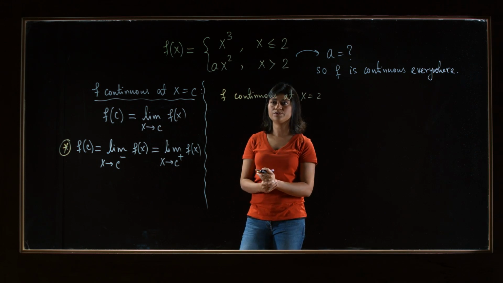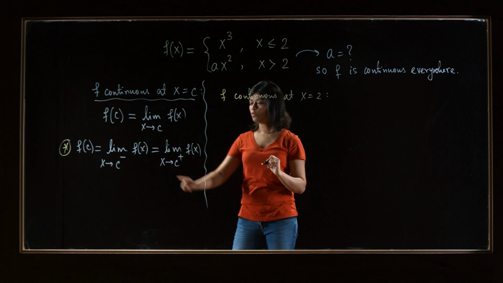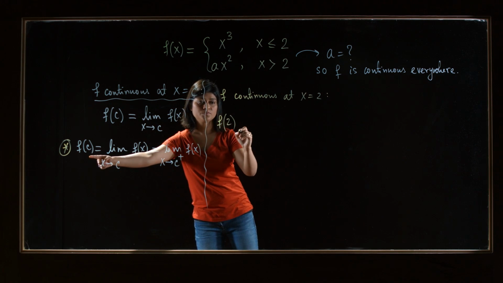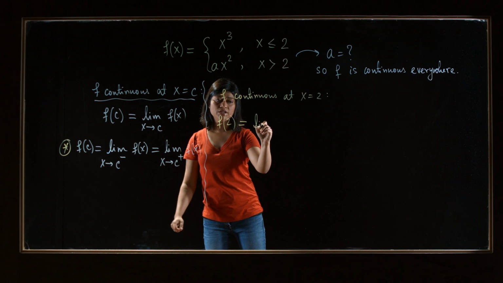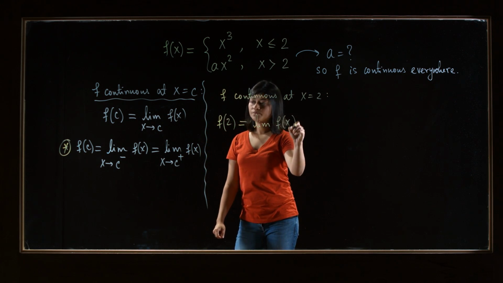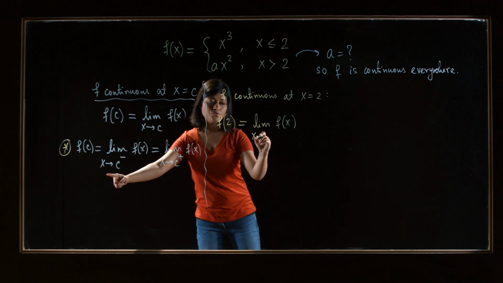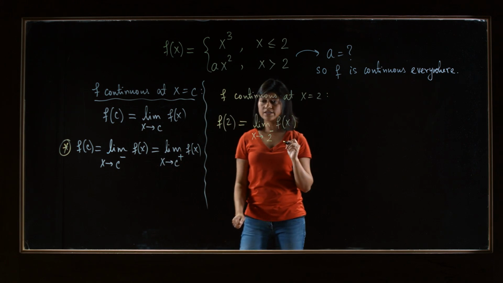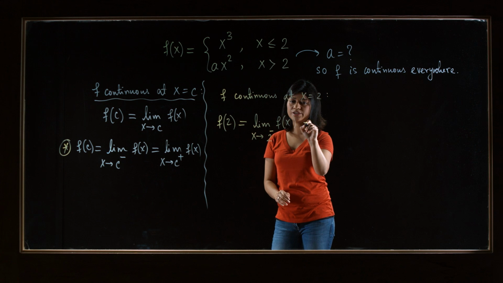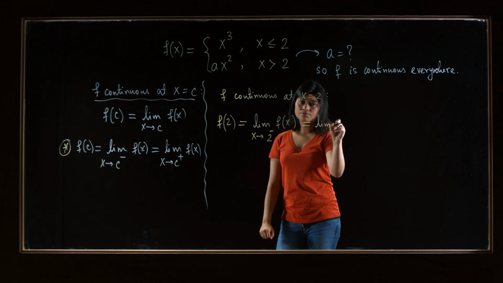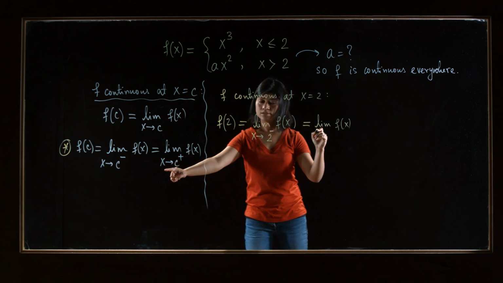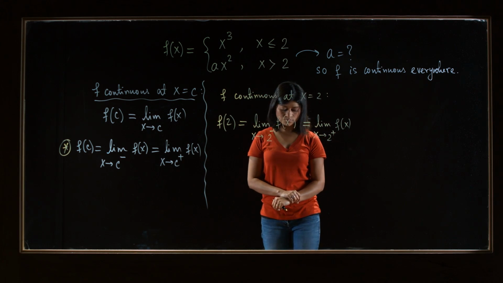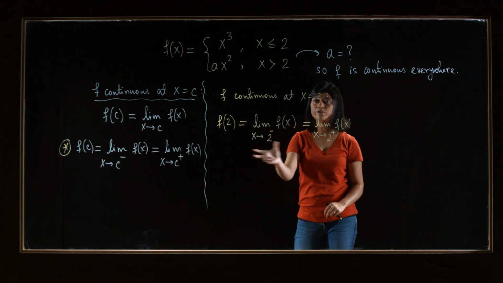For that to happen, we need f of 2, because our c is 2, to be equal to the limit of our function as x approaches 2 from the left-hand side. Those two should be equal and should be equal to the limit of the function as x approaches 2 from the right-hand side. So we basically have three equations.